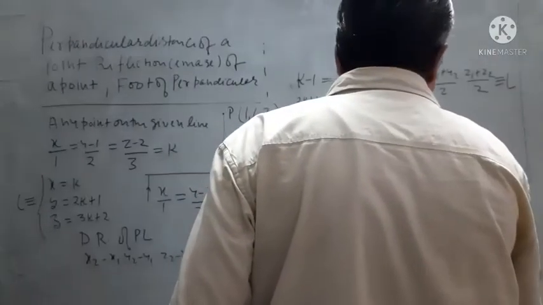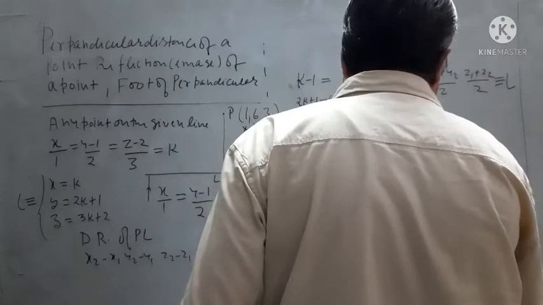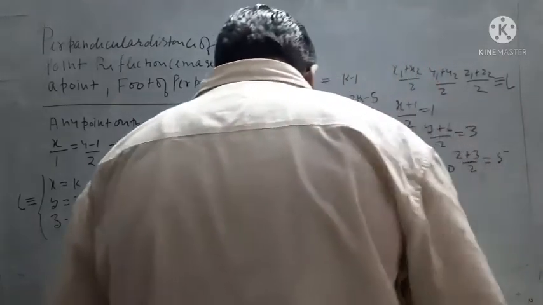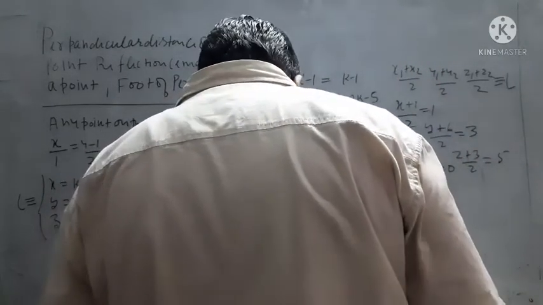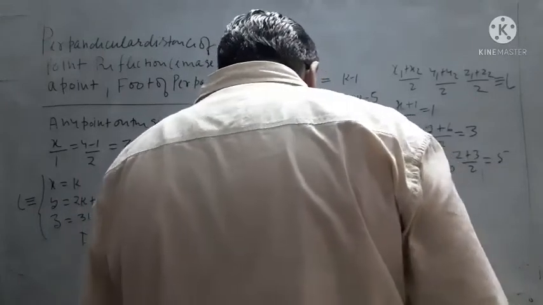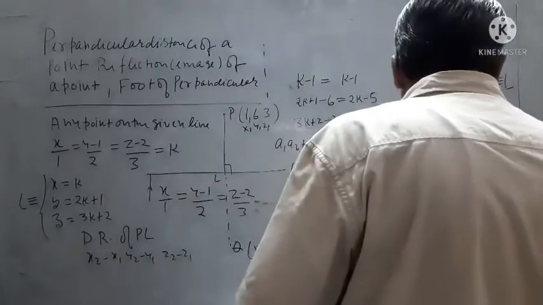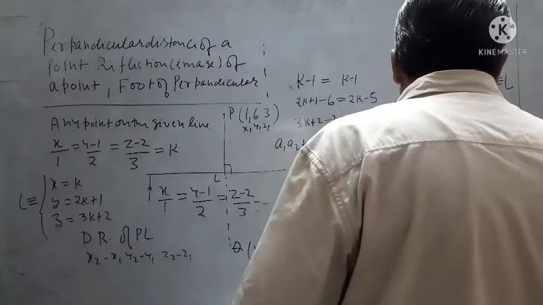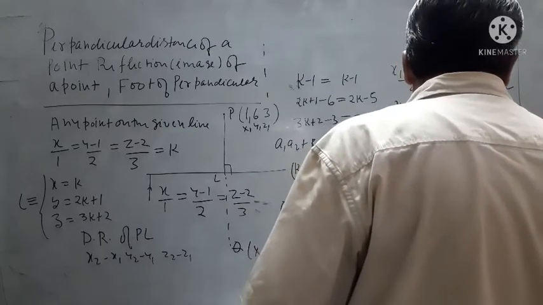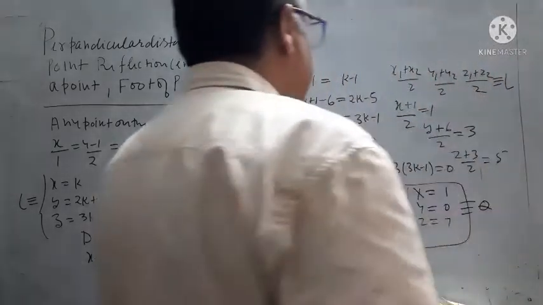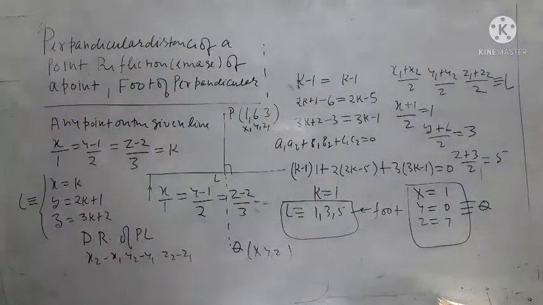Therefore, we obtain the point x, y, z as (1, 0, 7). This is the coordinate of the image.